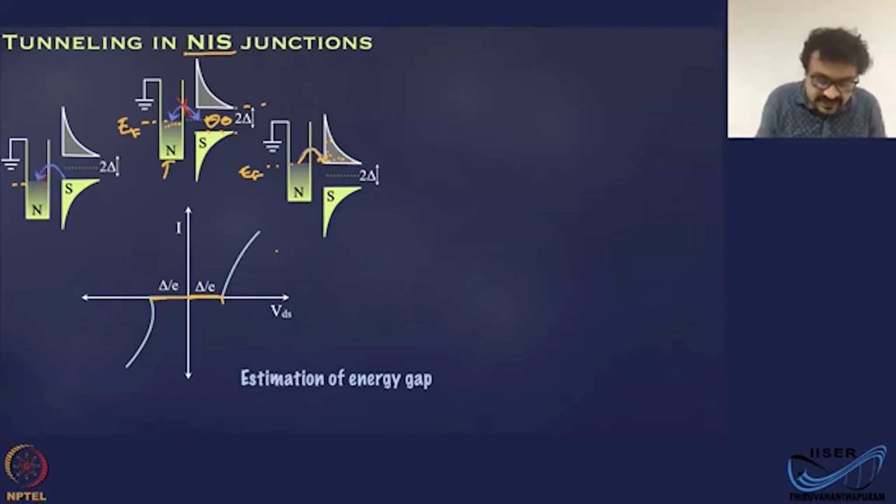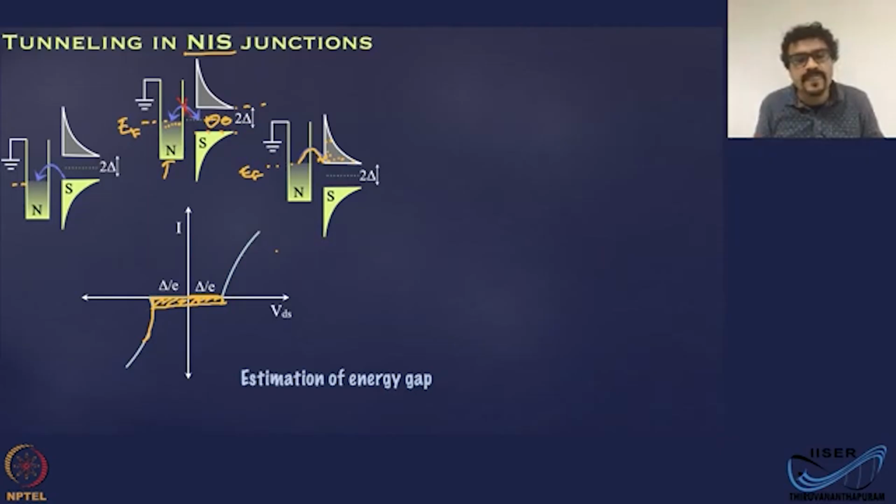Then, as a response, the current will rise. So within this window of delta by E on either side of zero bias, no current will flow, and the current is completely blocked.